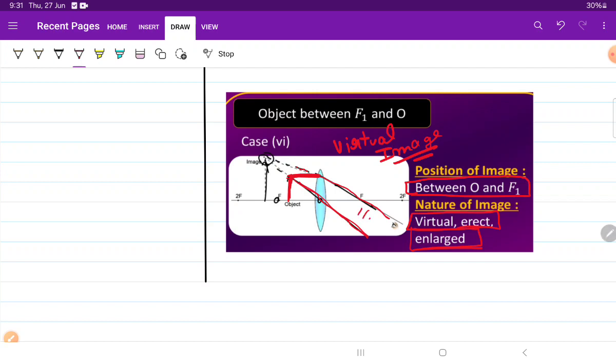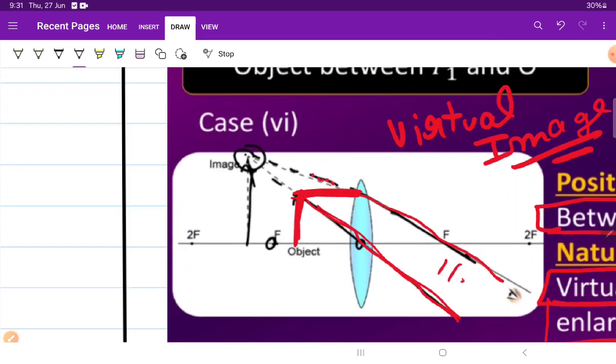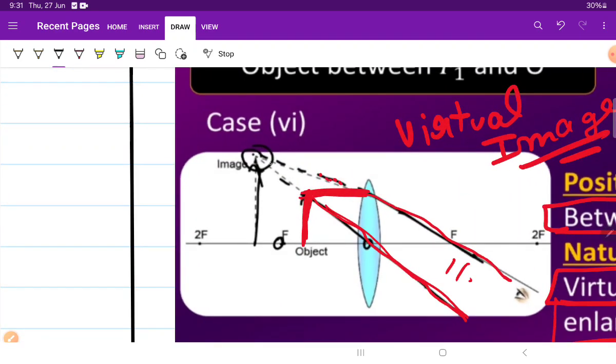But if we imagine an imaginary line of the incident ray through the optic center and the incident ray through F1, they meet at a point, and our image will be formed on this side.